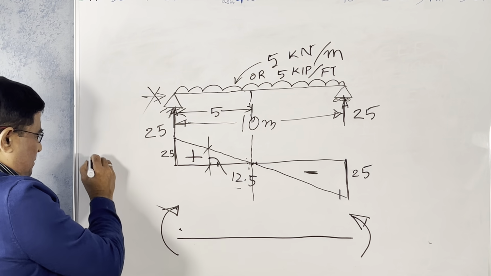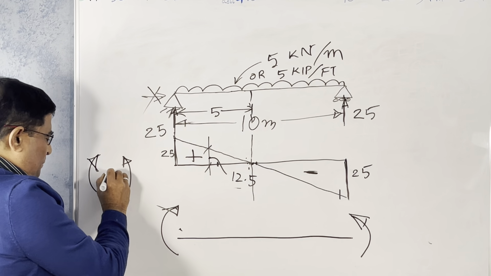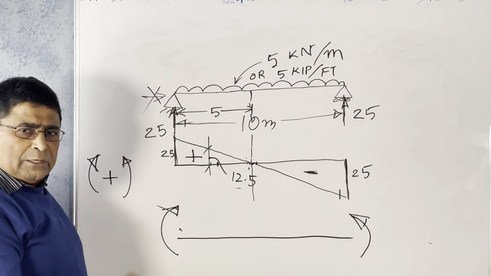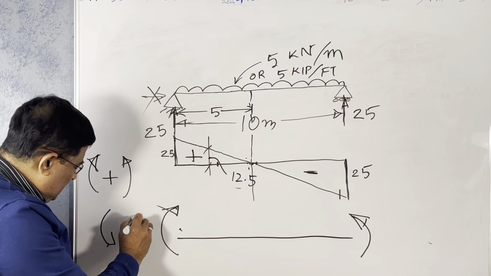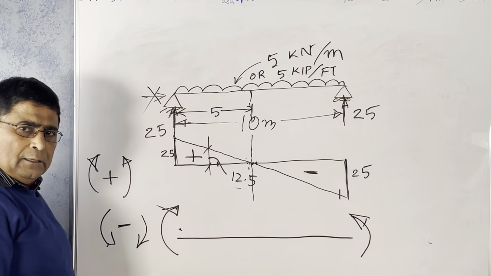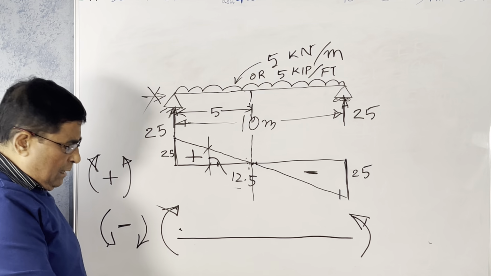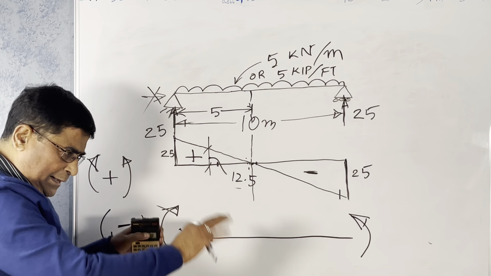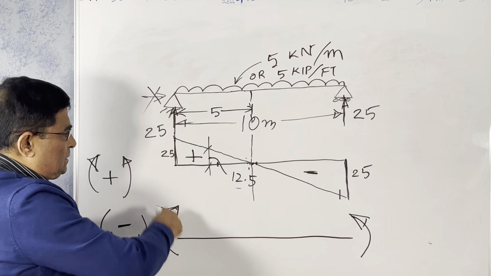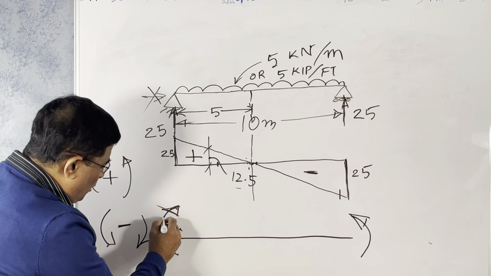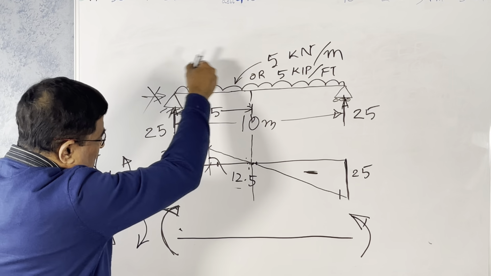Our sign convention is that this is positive moment and this is negative moment. This is the sagging moment, it causes a sag, and this is a hogging moment, looking like an umbrella. Now, as this is clockwise from the left, this force will form a clockwise moment.